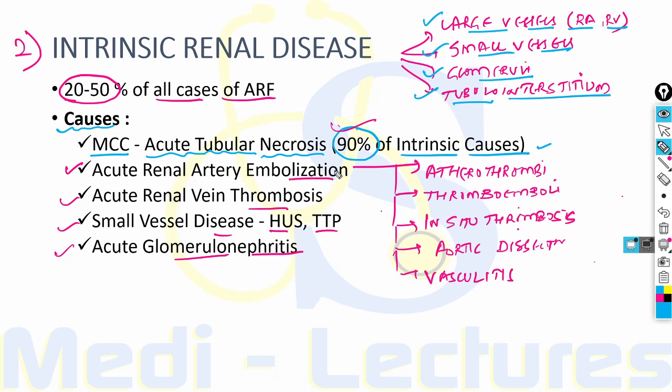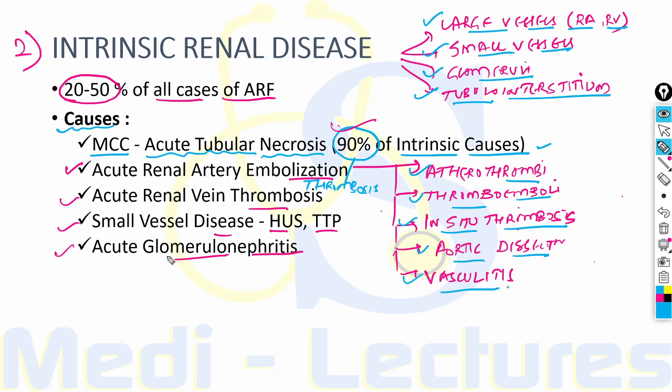The renal artery can have either embolization or thrombosis, which can be due to processes like atherothrombi, thromboembolism, in situ thrombosis in the renal artery itself, aortic dissection, and vasculitis.